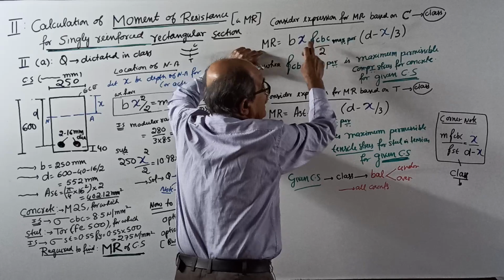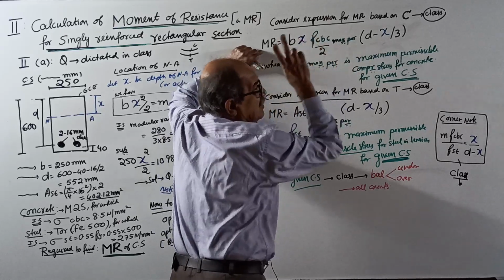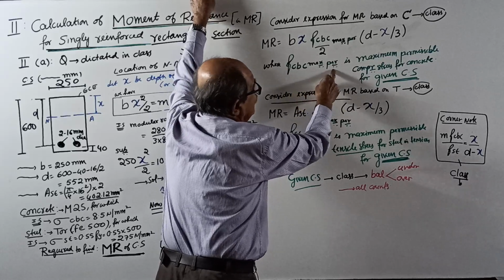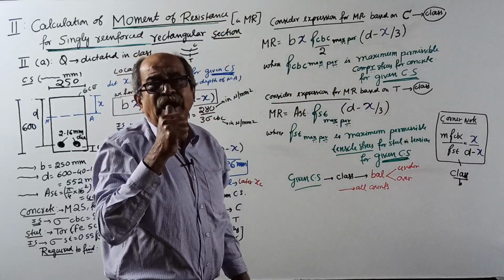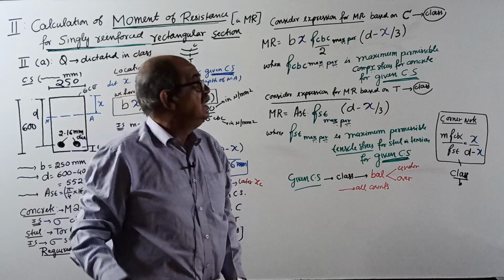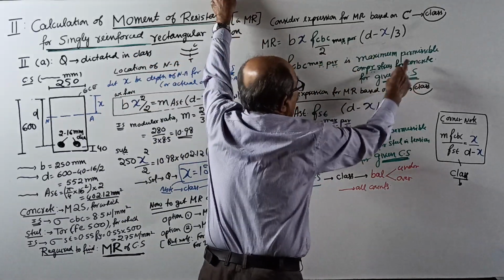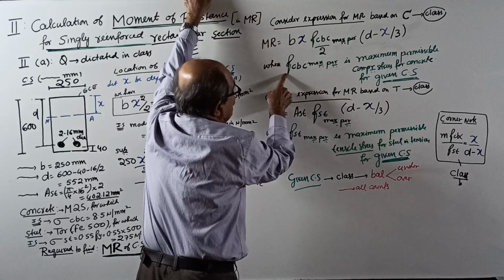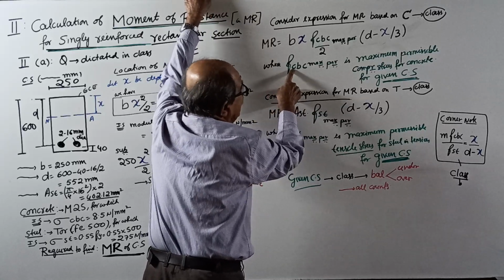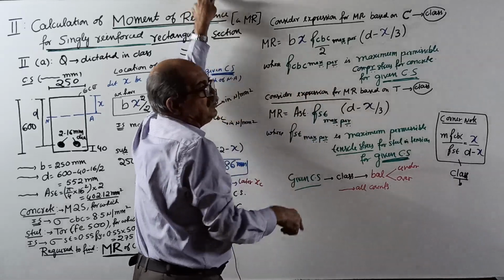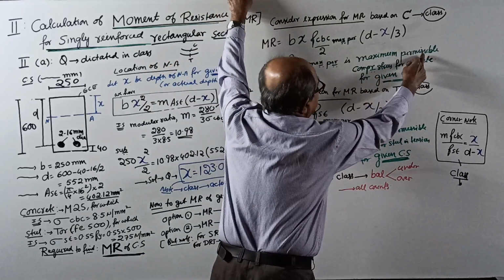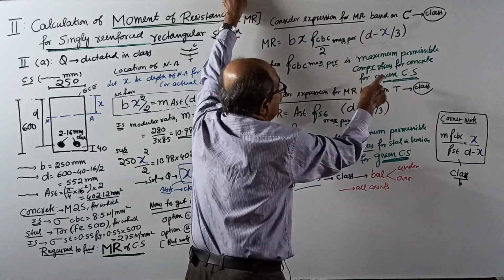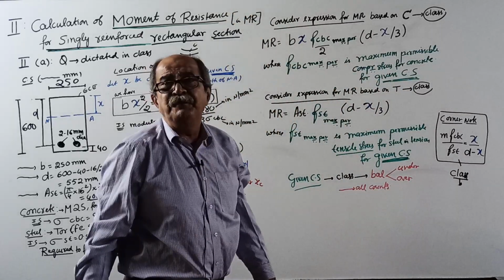This FCBC is the maximum permissible stress. If you go for the symbol, it is the maximum permissible stress in concrete in bending compression, but to understand, I will say maximum permissible stress for concrete in compression. For the given cross section, very very important.